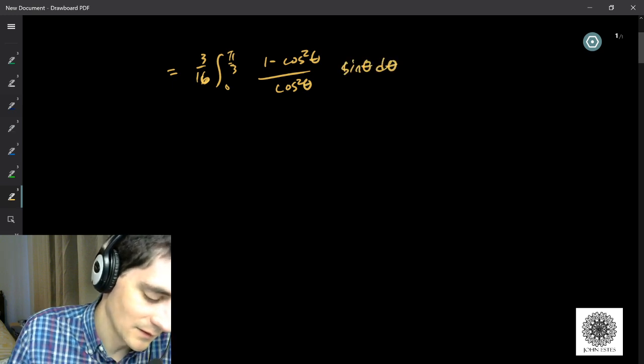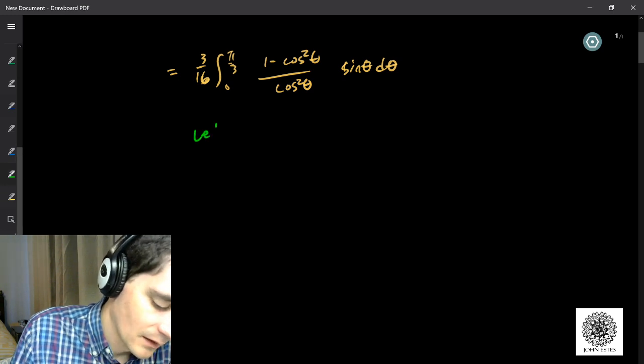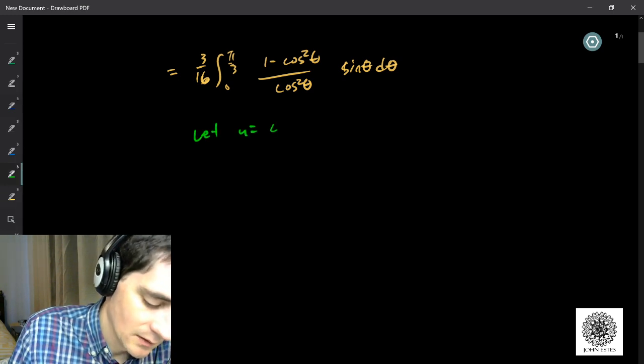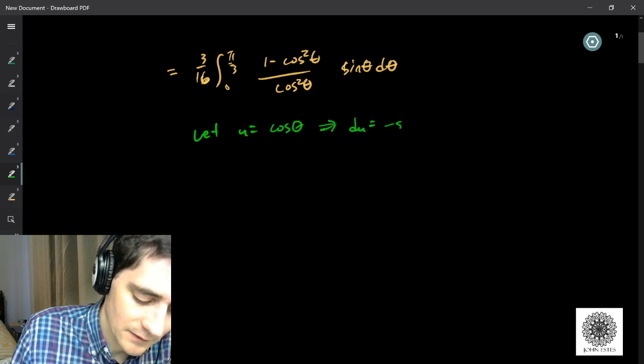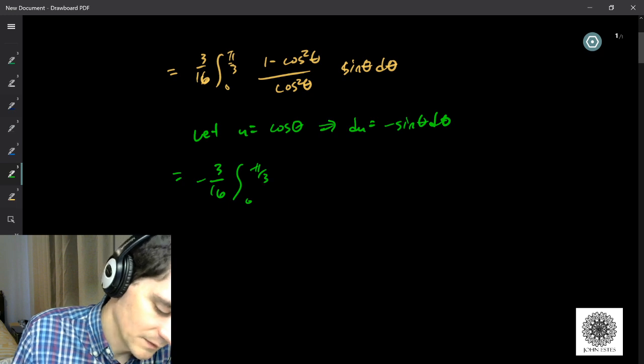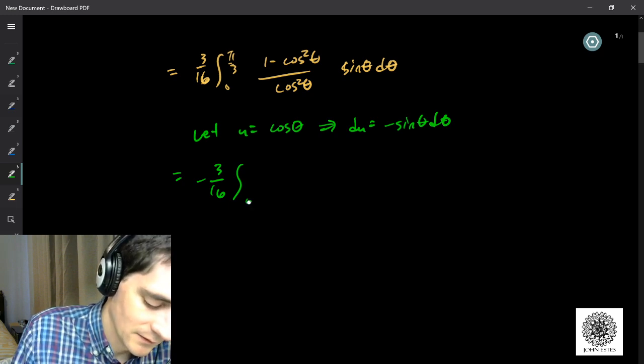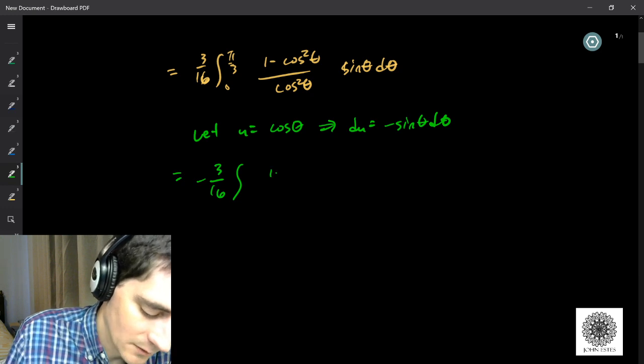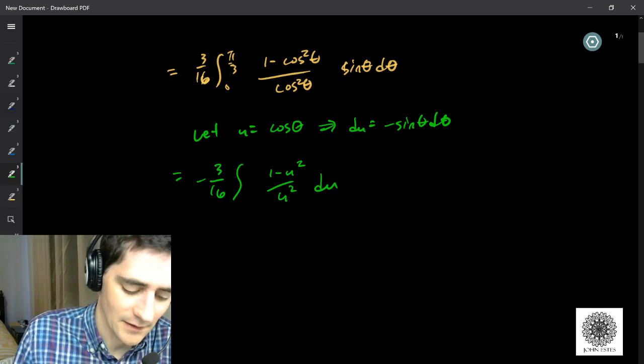All that translates to that, and now I can let U be cosine theta, which means du is negative sine theta d theta, and so my integral now becomes negative 3/16 from 0 to pi over 3. Whoops, we should be careful. That's theta. We'll convert our thetas. We get 1 minus u squared over u squared du, like that.